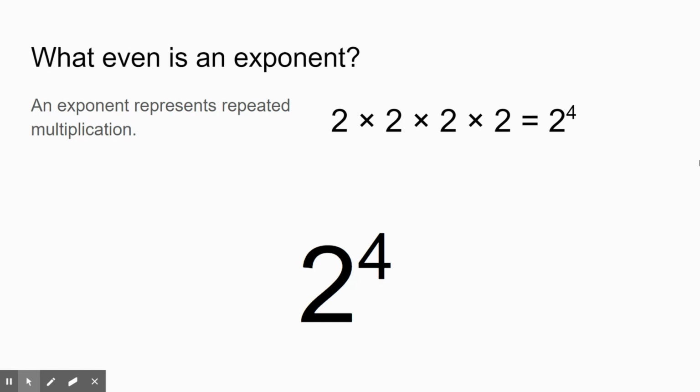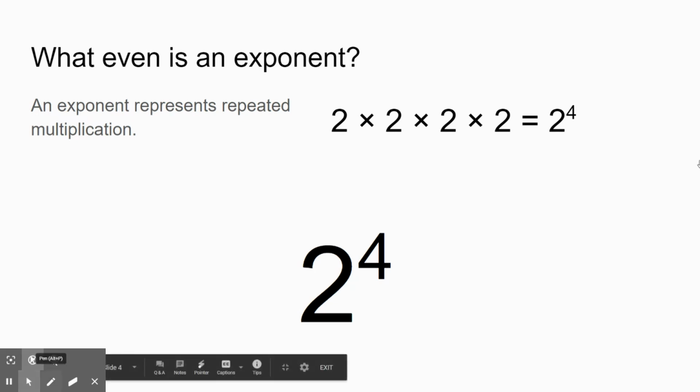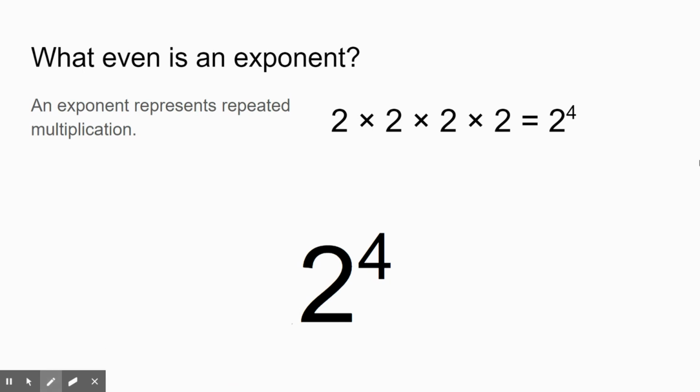So, what is this thing that we have here? Let's break this down into some pieces. Let's start with what this entire thing is called. This 2 with a 4, we call this entire thing a power. That includes two different numbers, the 2 and the 4. When we have both of those combined, that gives us a power.